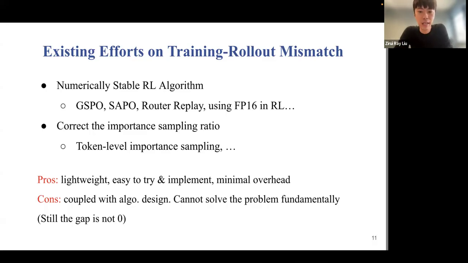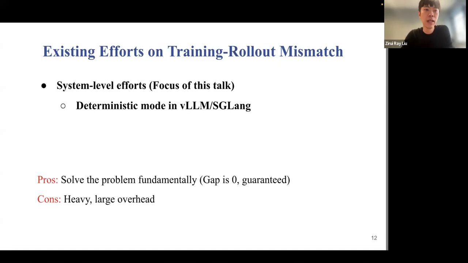Also, they cannot solve the problem fundamentally. By fundamentally, I mean the gap between train and rollout mismatch is still not zero, right? Because the algorithm fix is ad hoc, you don't know whether it still works for a new model or a larger model. You must run an empirical experiment to tell.